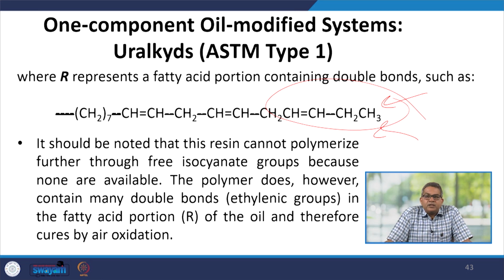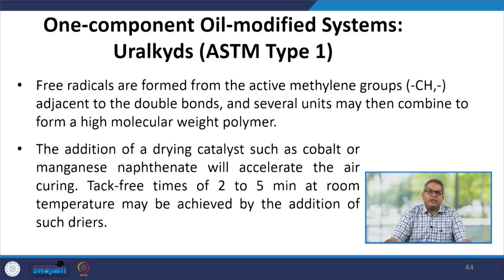The polymer does, however, contain many ethylenic double bond groups in the fatty acid portion of the oil and therefore cures by air oxidation. Now, free radicals are formed from the active methylene group adjacent to the double bond, and the several units may then combine to form a high molecular weight polymer.